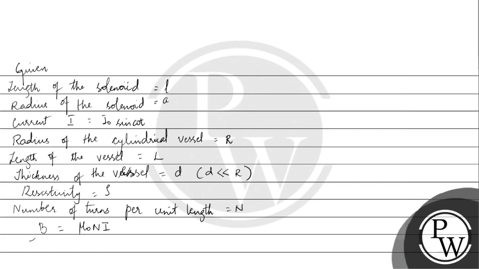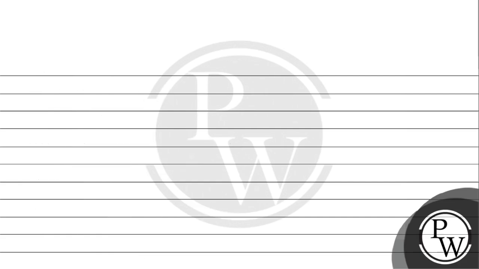तो अभी flux, magnetic flux is phi is equal to B into A. So A is the area of cross section of the solenoid. तो हम phi, that is the magnetic flux को, we can calculate it as mu naught N I into pi A squared. अभी I को हम substitute करेंगे as how they've given the current is varying.